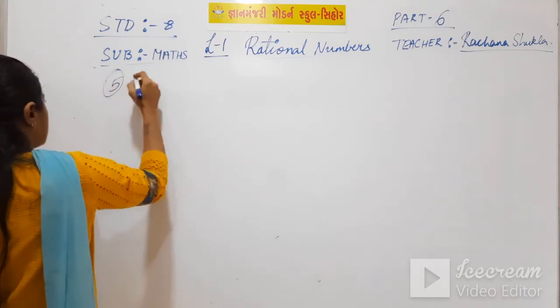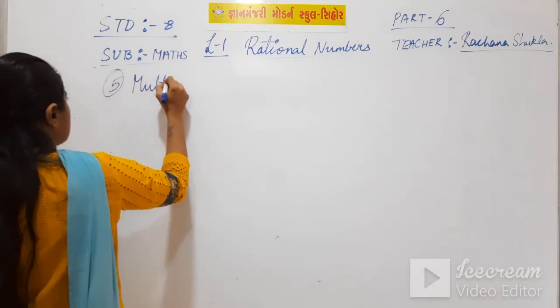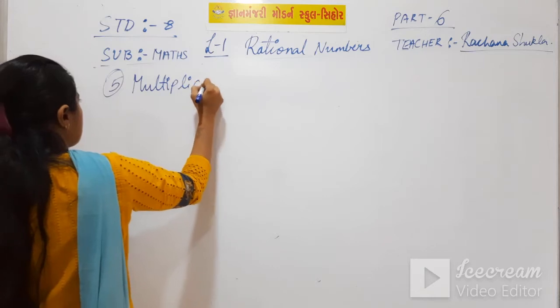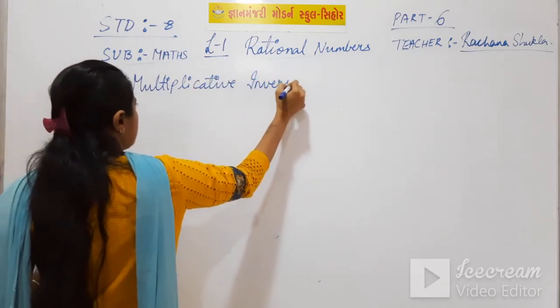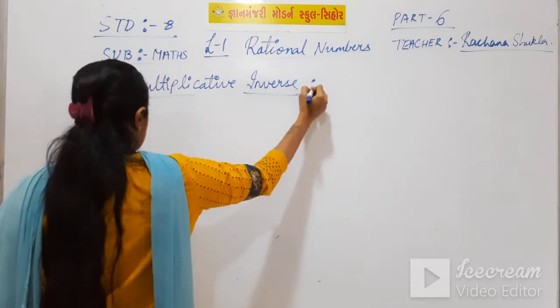The fifth one is multiplicative inverse.